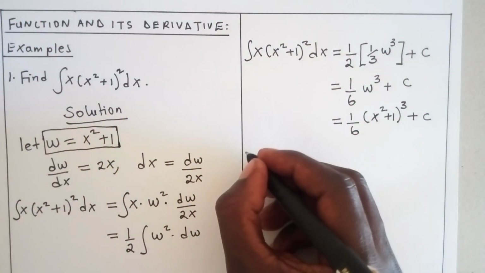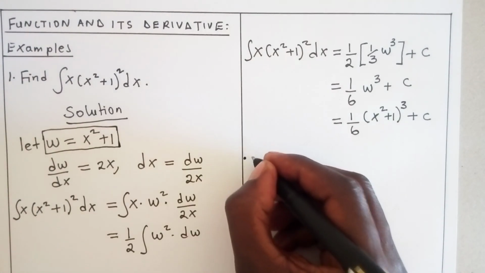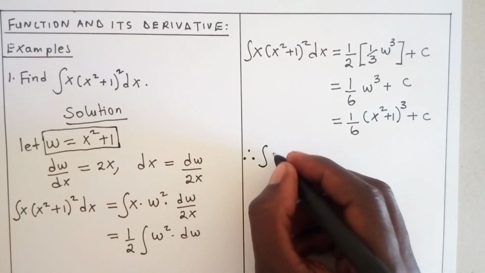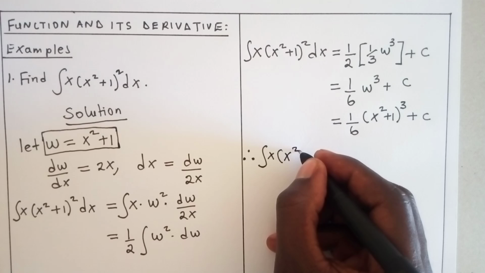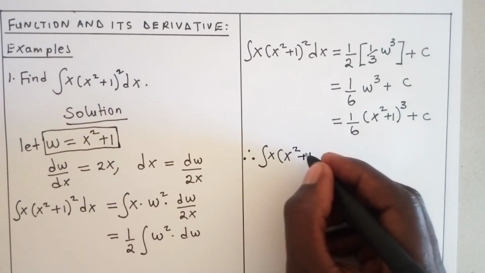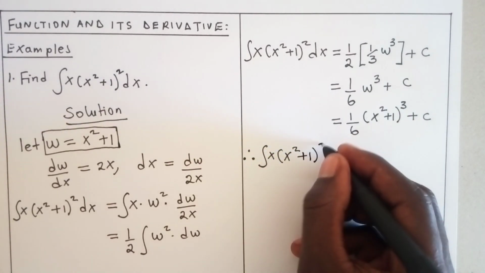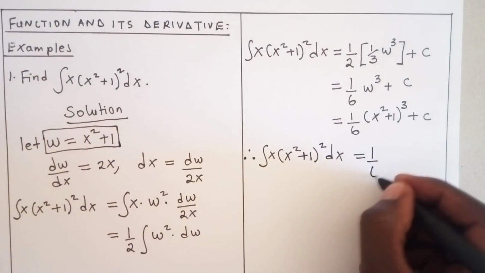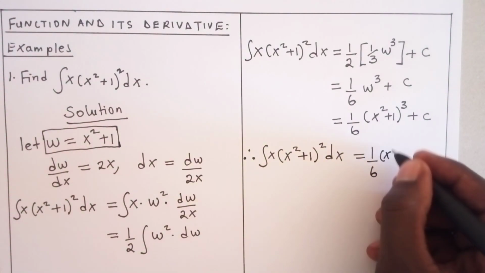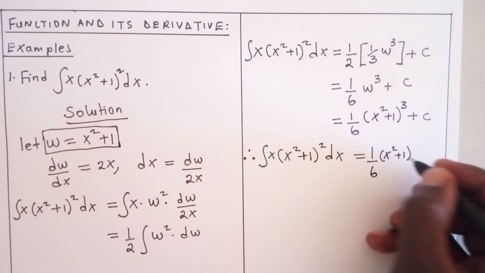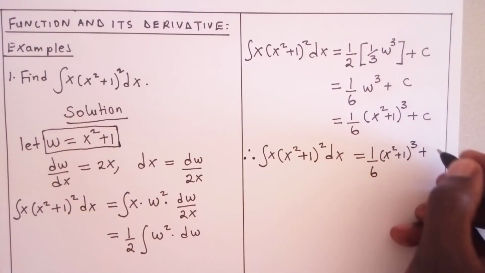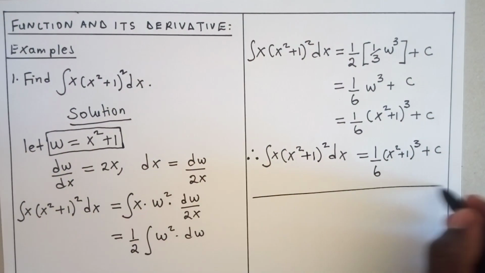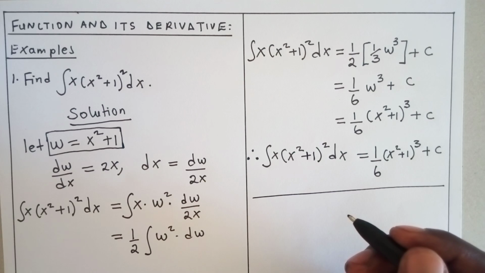So we have almost come up with our final solution. We can conclude by saying the integral of x times (x squared plus 1) squared dx equals 1 over 6 times (x squared plus 1) cubed plus c. So that will be our solution for our integral.